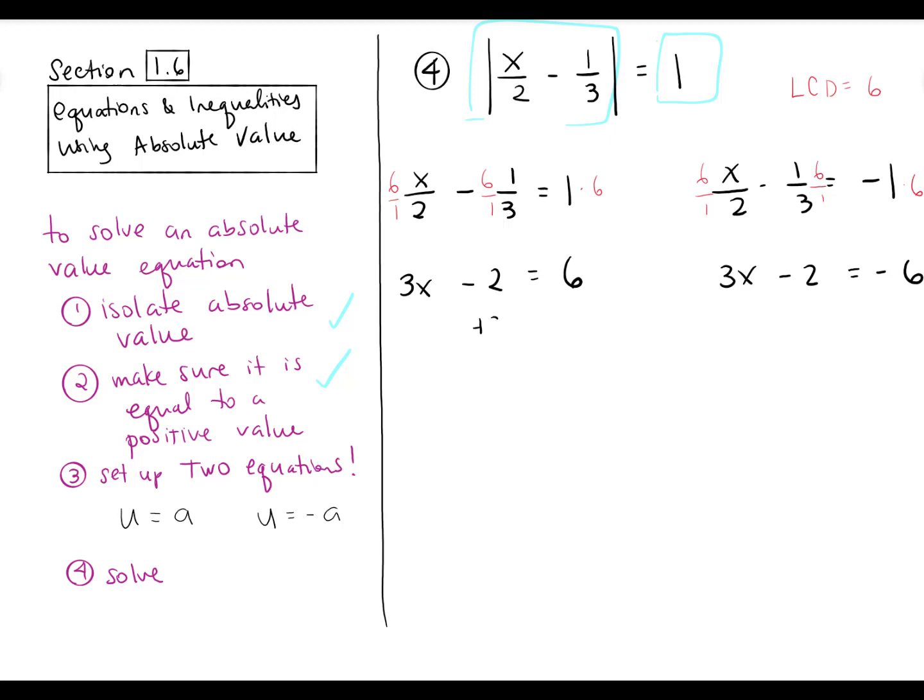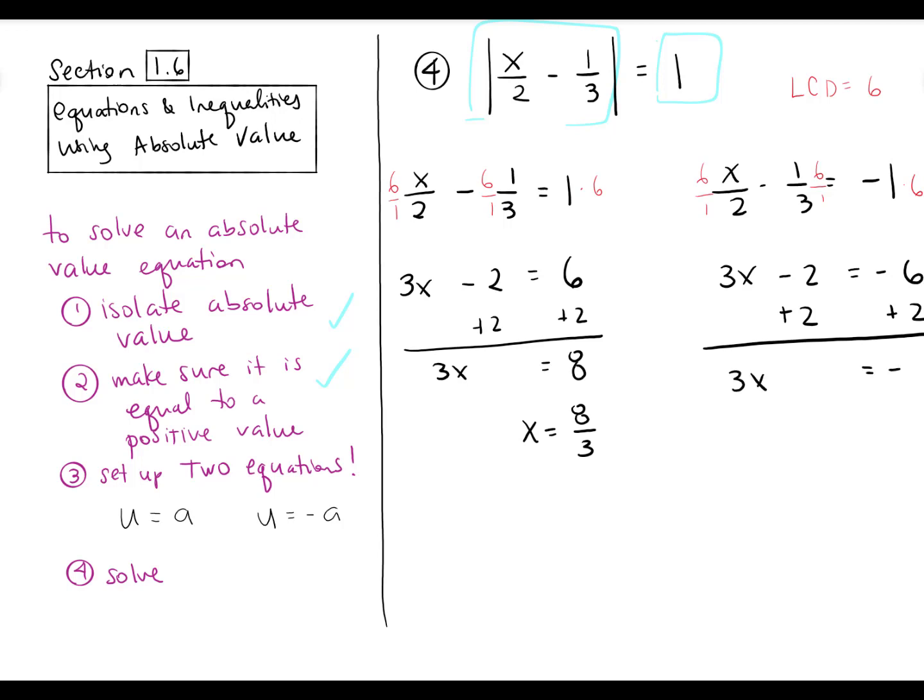I'm going to add 2 to both sides. Get 3x is equal to 8, and then x is equal to 8 over 3. And I'm going to leave it like that. I'm not going to try to simplify. For the other equation, I'm going to add 2 to both sides and get 3x is equal to negative 4.